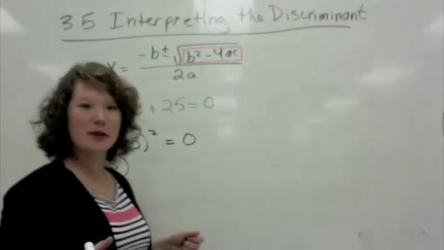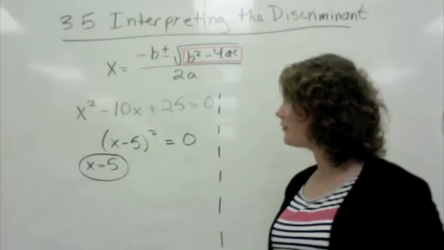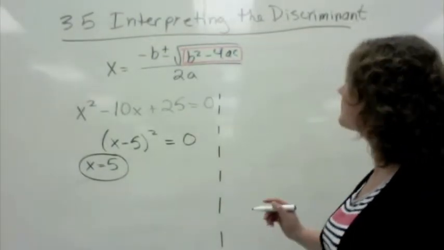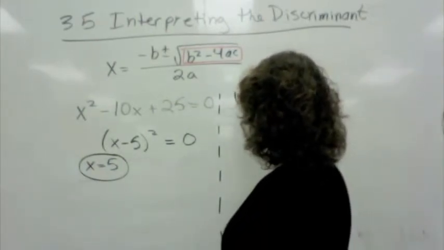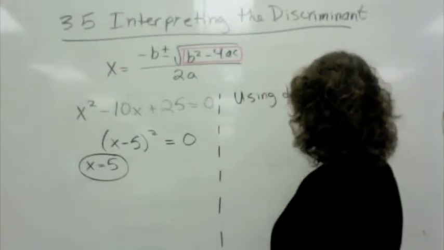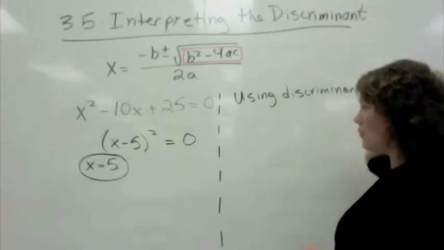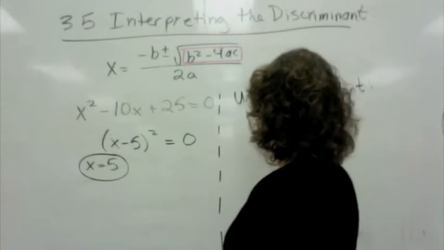I want to take a little bit longer on this one because the quadratic formula actually gives us something that's pretty cool. Using the discriminant, we have our b, which is negative 10.